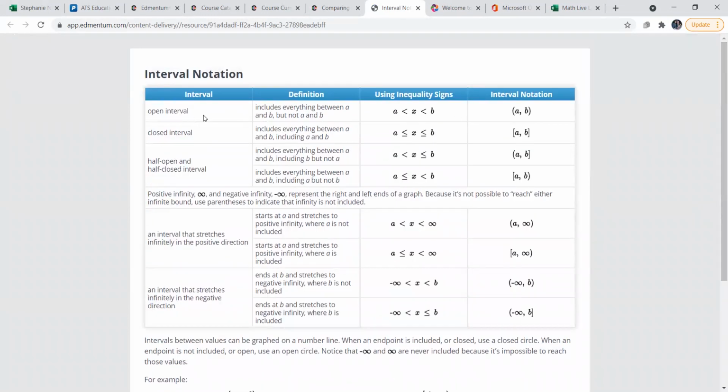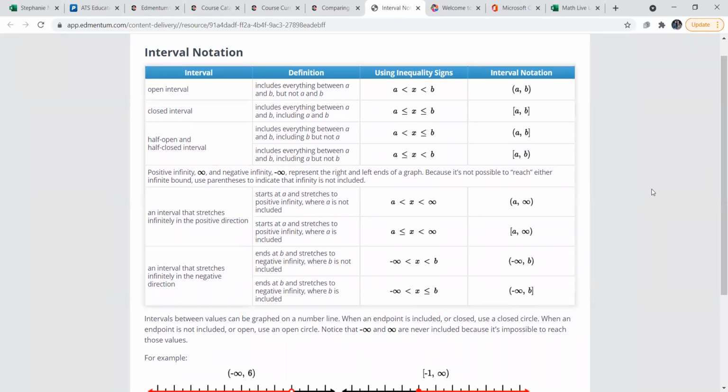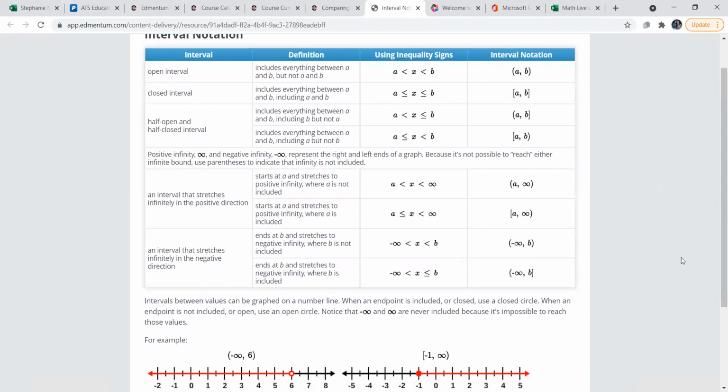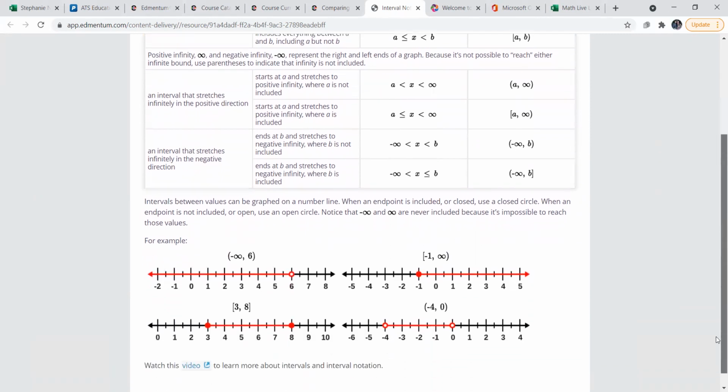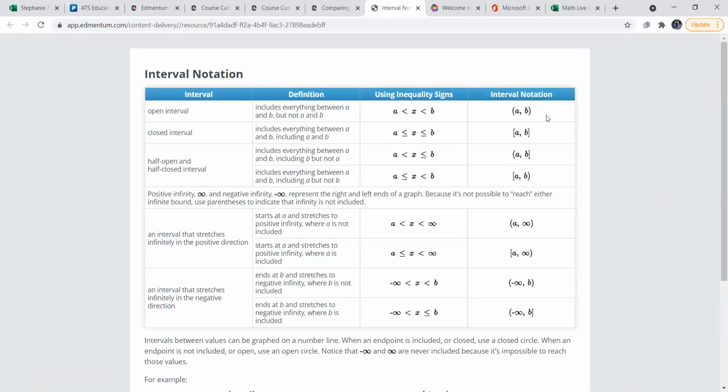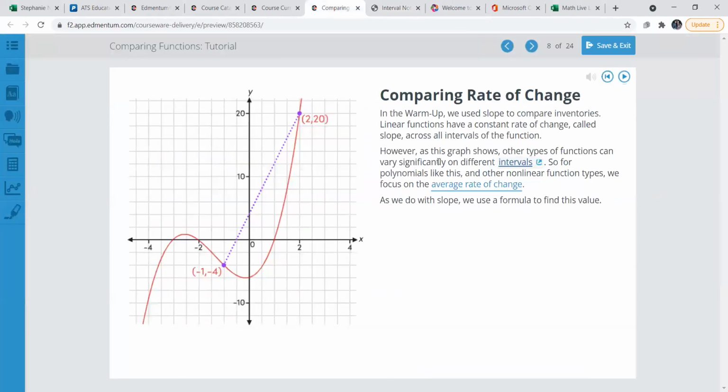It goes over the different types: the open interval, closed, half open, half closed, positive infinity to negative infinity. And then it goes through the different greater than, less than, different types of graphs on here, all that.